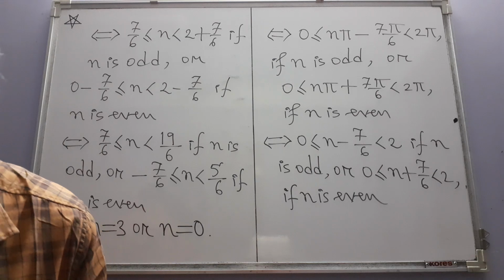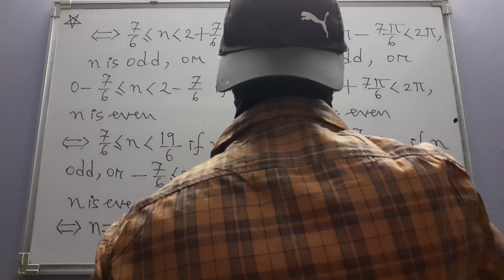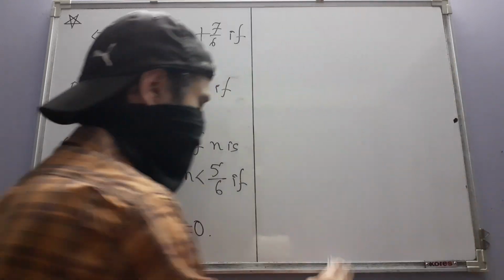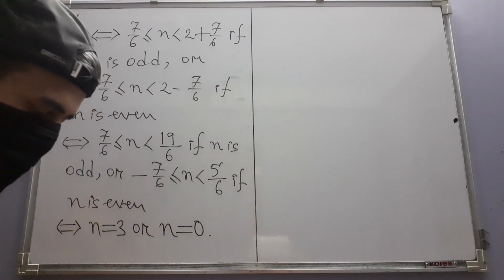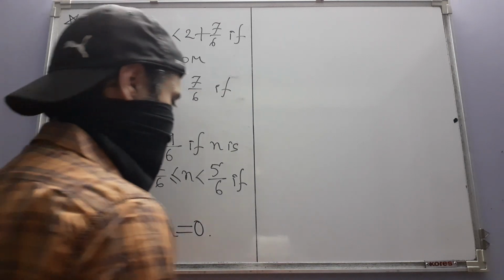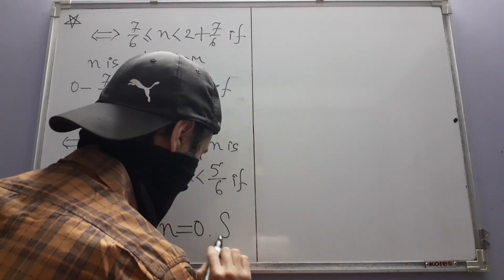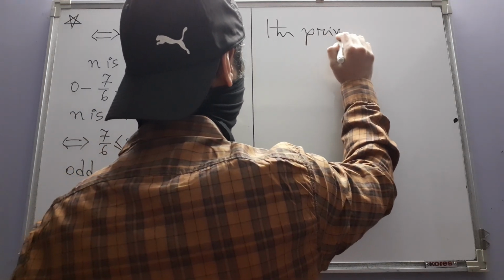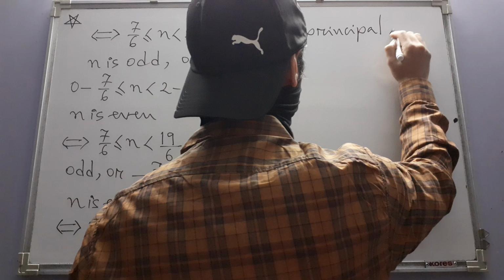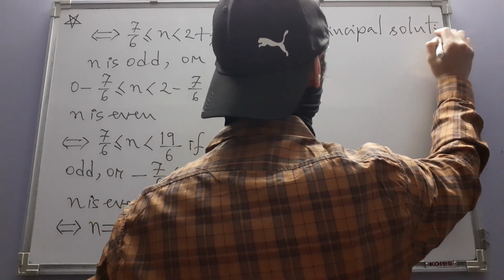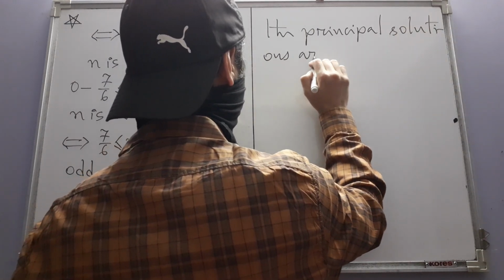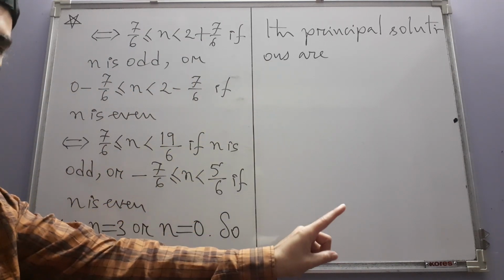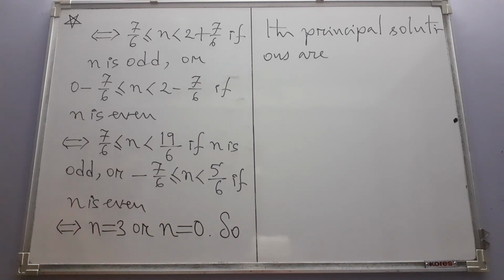So accordingly we are now going to get 2 principal solutions. So let me write from here. The principal solutions are, because originally you had only one formula for the general solution, there itself you can put these two values.